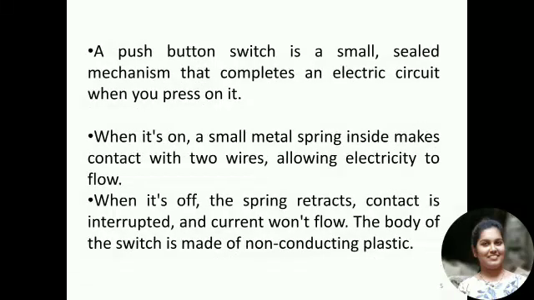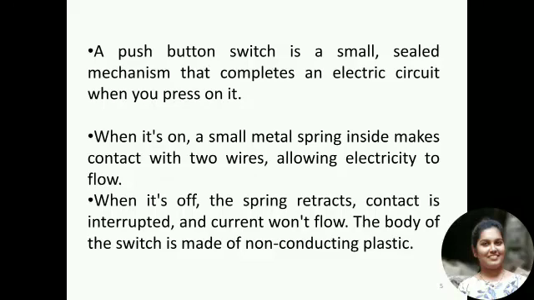A push button switch seems to be very small, and sealed with a mechanism that completes an electrical circuit when you press on it. When the push button is on, a small metal spring inside it makes contact with the two wires, allowing the electricity to flow.